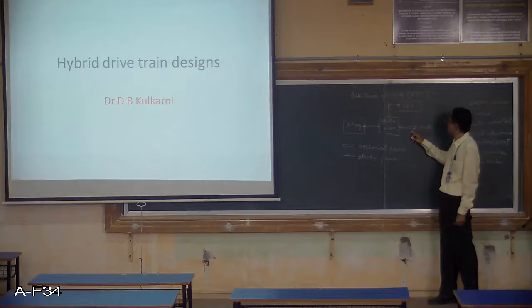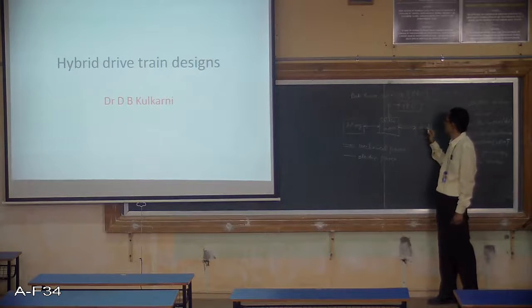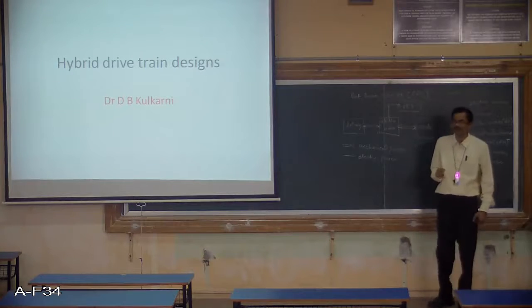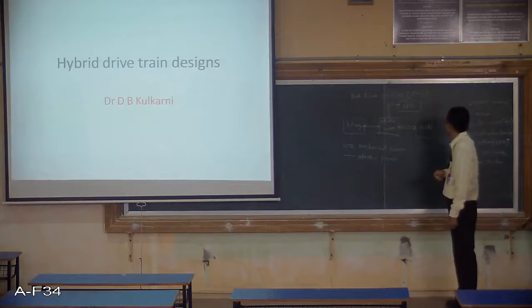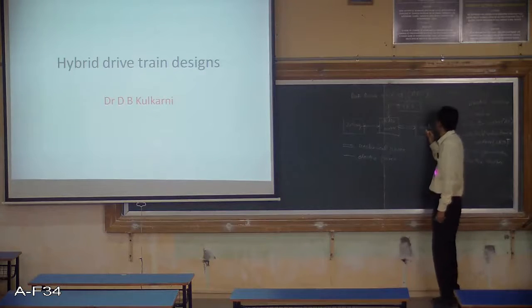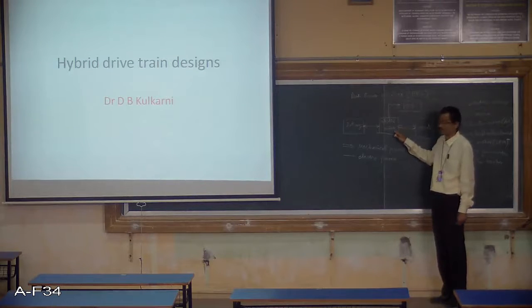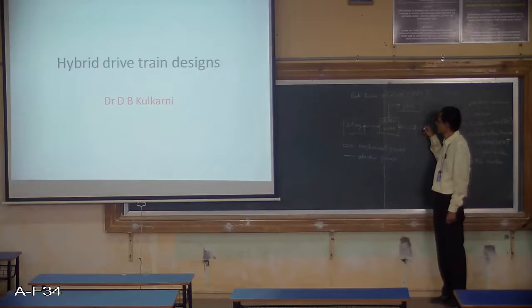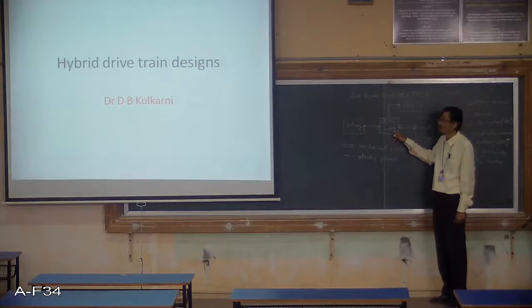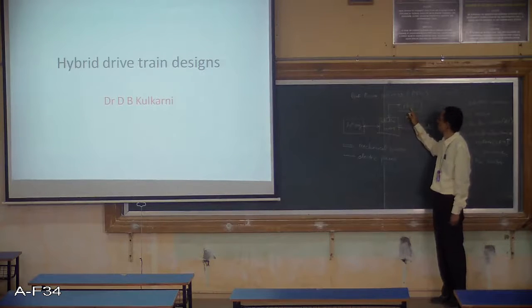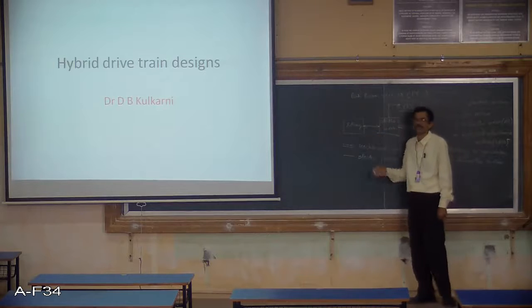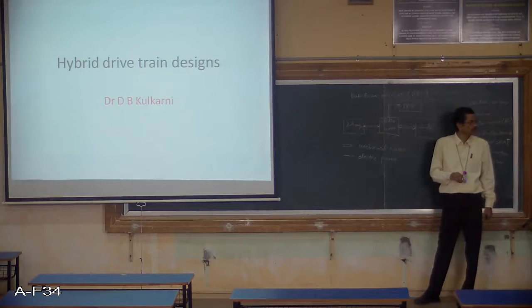This is the direction of power flow. When you are braking the wheels, at that time the wheels can drive the generator. The electric motor in that case gets converted into an electric generator, and it takes the mechanical power from the wheels and generates electrical power, and it will charge the PPS as well as the battery.